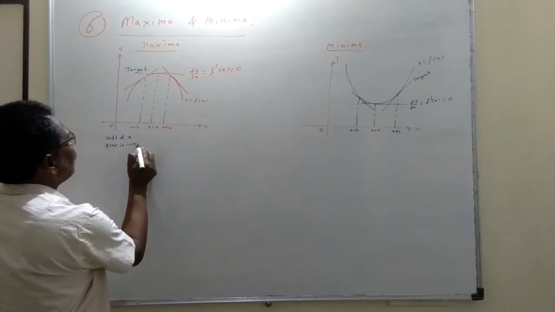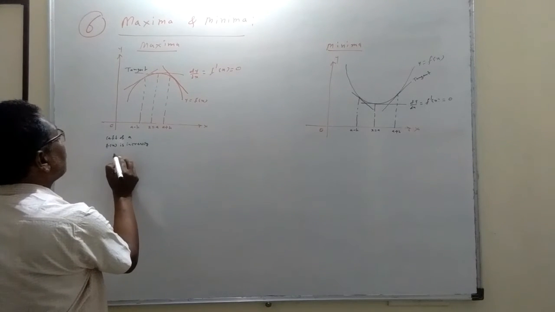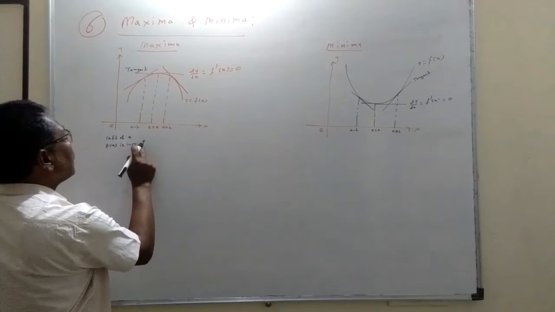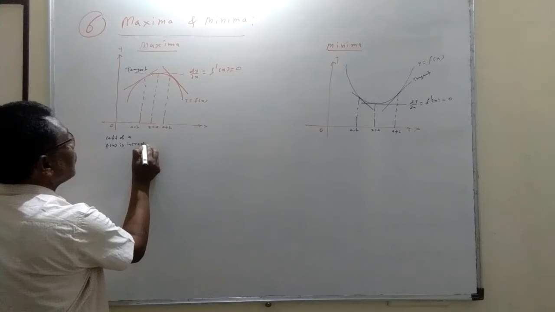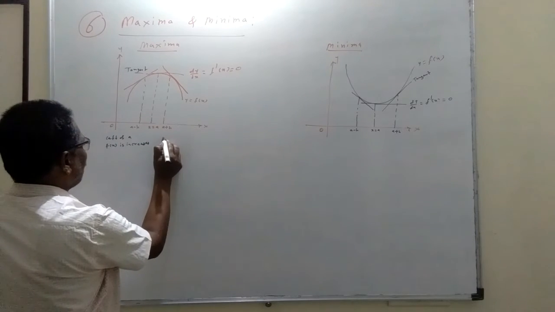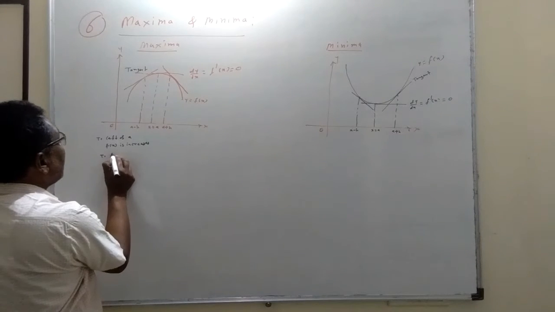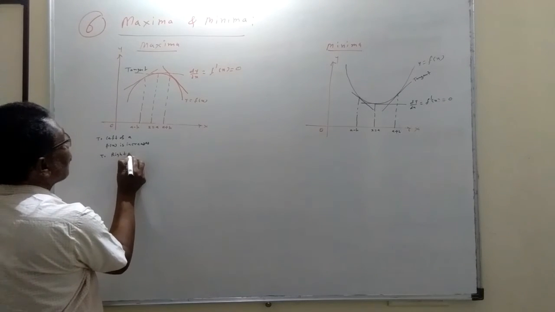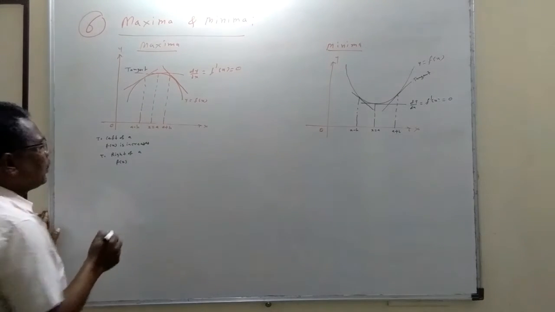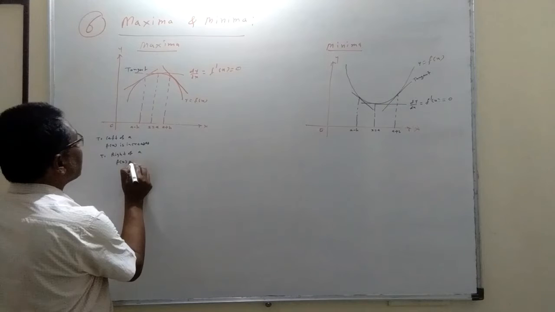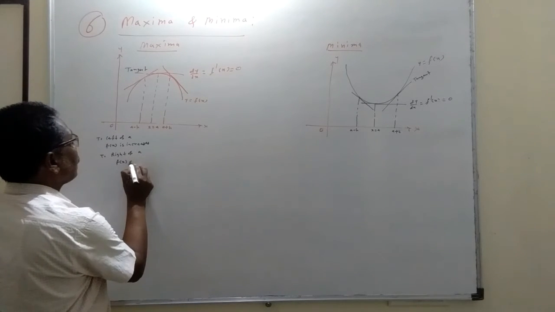To the right of a, the tangent makes an obtuse angle, giving a negative value, so f of x decreases.